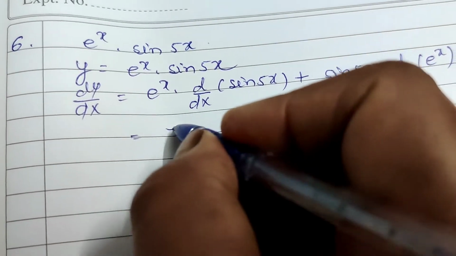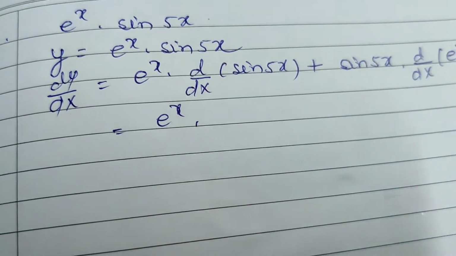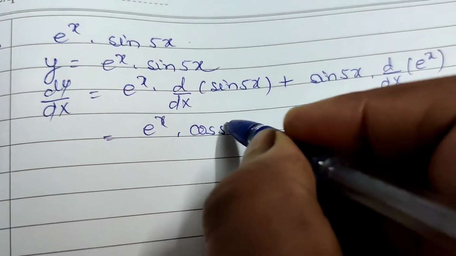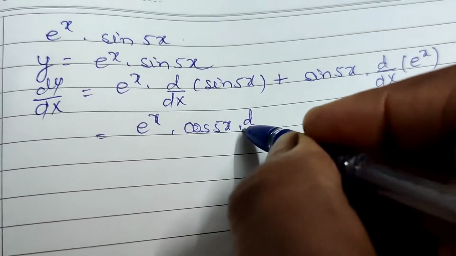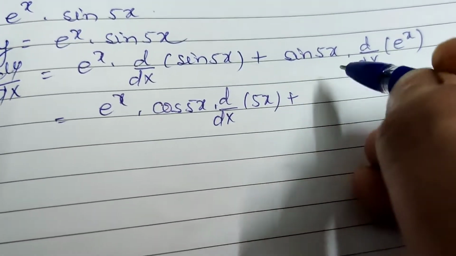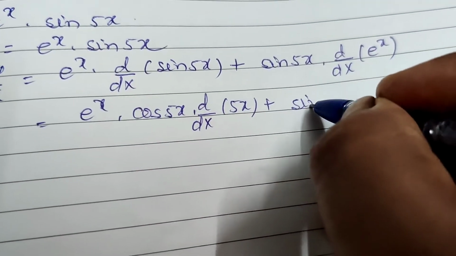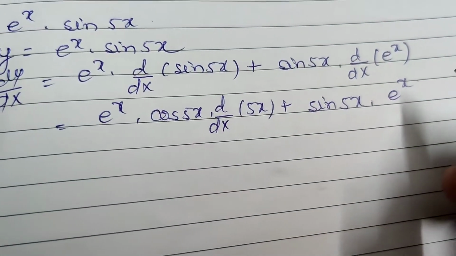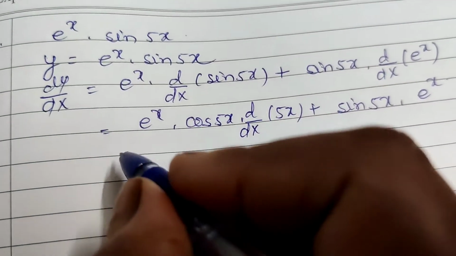It is equal to e raised to power x. The differentiation of sine 5x is cos 5x and d over dx of 5x, and it is sine 5x. And differentiation of e raised to power x is e raised to power x.